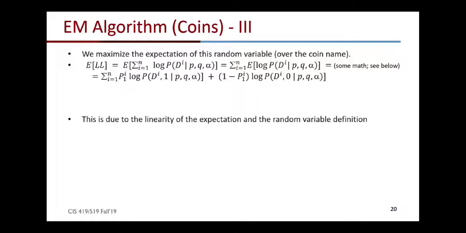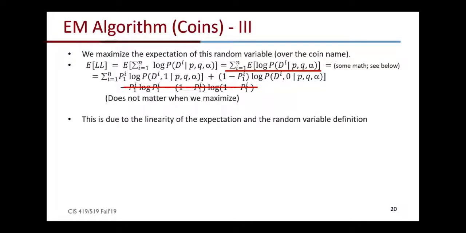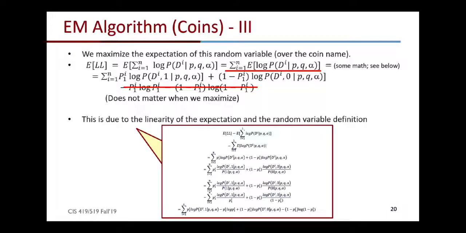Really, if you do the algebra correctly, there is another term here, but we don't care about it because I'm going to maximize this log likelihood later on, and these are just constants. All we have here is the P1i that we already computed. It's a constant, so I don't care about it. So I'm going to eliminate this from my maximization. It doesn't matter when we maximize. Now, the algebra is written here. You can go over it.